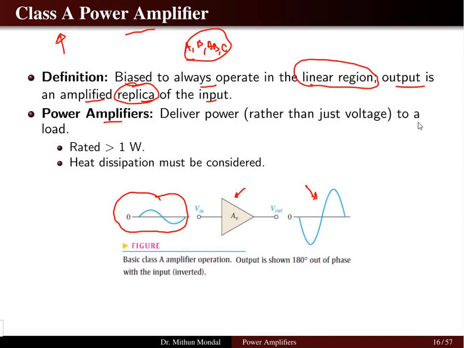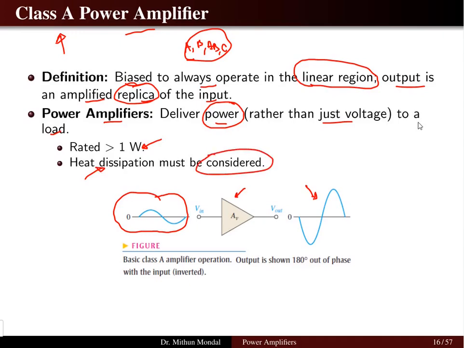Power amplifiers deliver power, rather than just voltage, to the load. So we are getting more power at the output, rated at more than 1 watt. Obviously, if the power is more, then there will be some heat dissipation which needs to be considered.